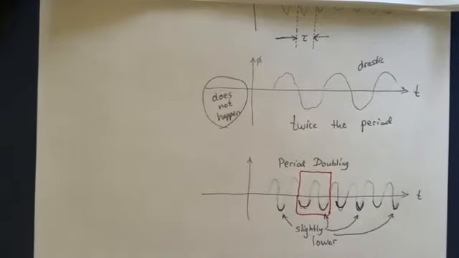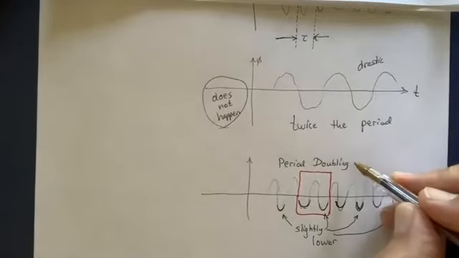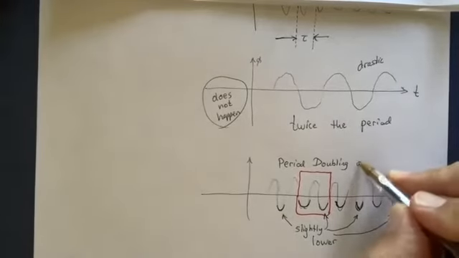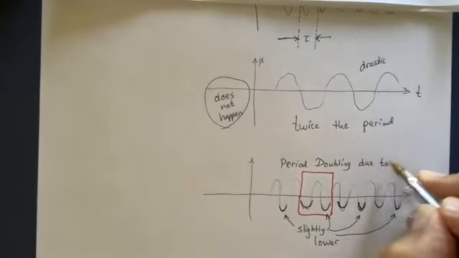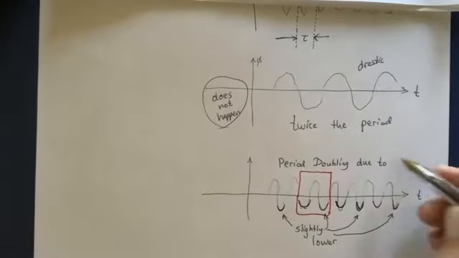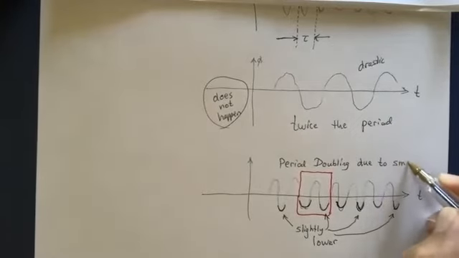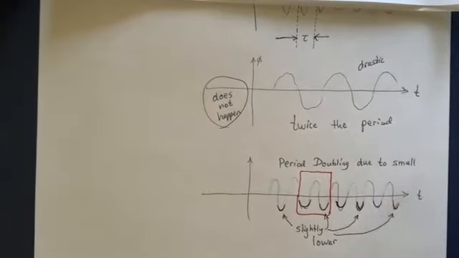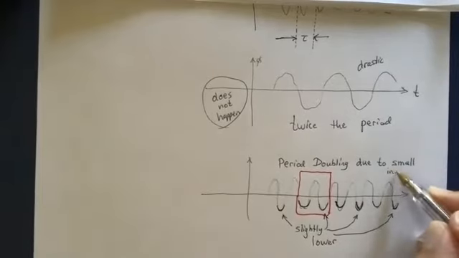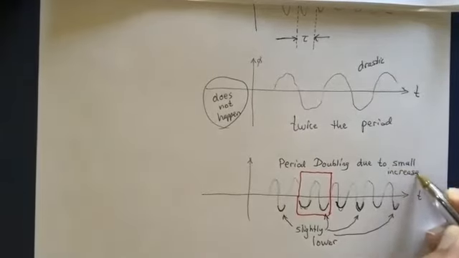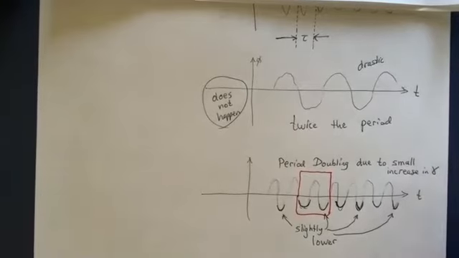And the crucial thing is we achieved it by a slight deformation of the original curve. So period doubling due to a small change in gamma, and it's a small increase. Okay, so that's the fundamental mechanism for the period doubling.